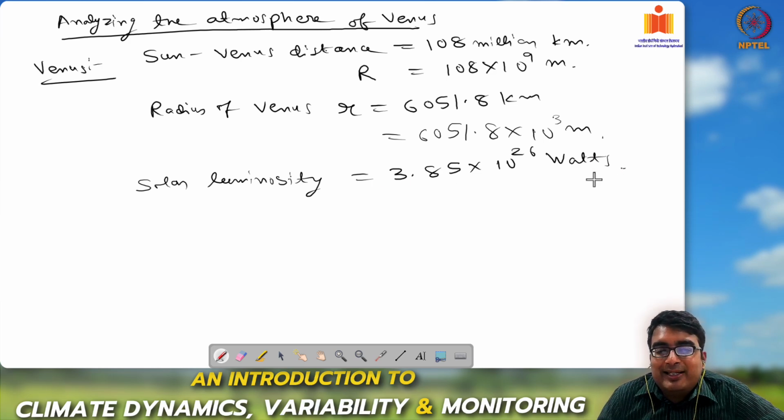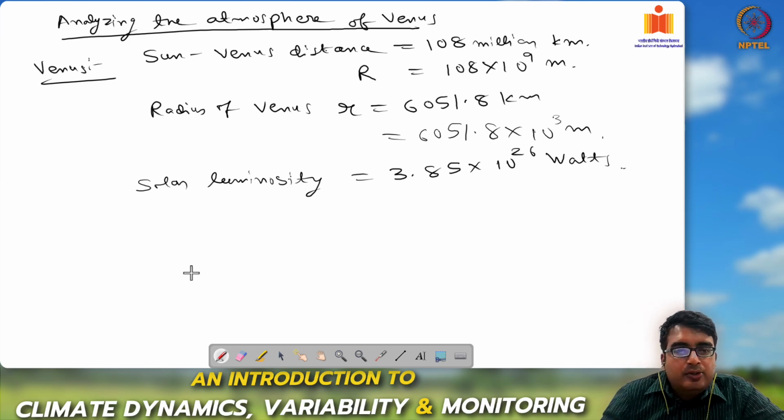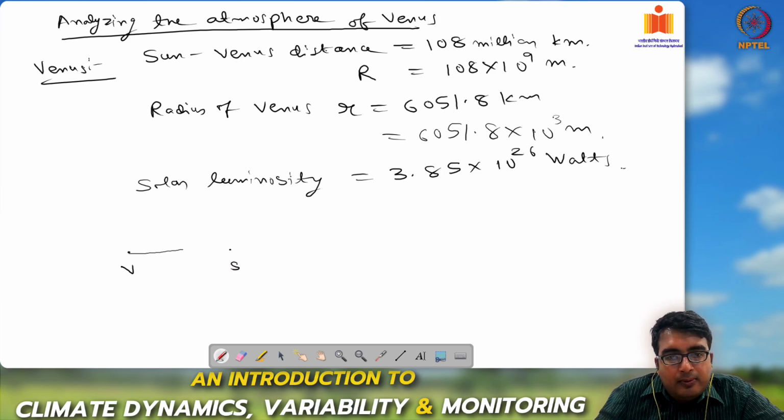Okay. So this is the total radiant energy that the Sun is emitting per unit second. Okay. So here once again, suppose this is Venus and this is the Sun. So Sun and the Venus. This is the Sun to Venus distance R.